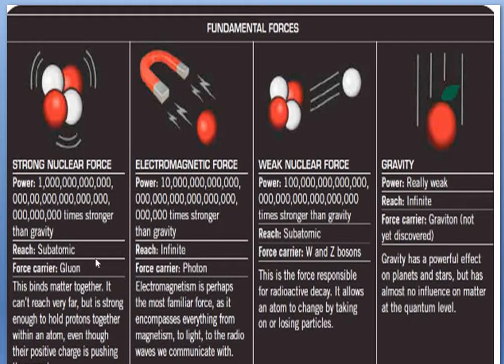Among these, gluon, photon, and W and Z bosons have spin 1. They all have spin 1. And the graviton is a spin 2 particle. Photon also has spin 1.